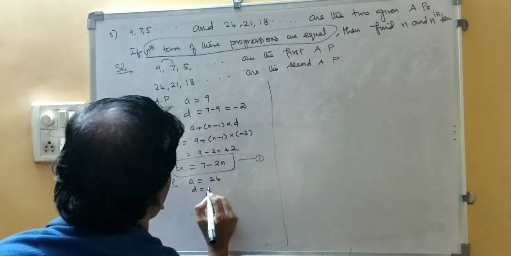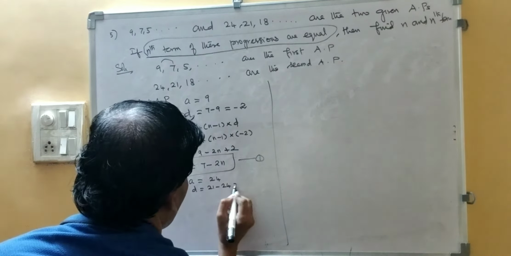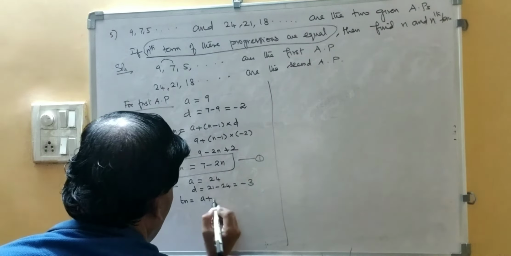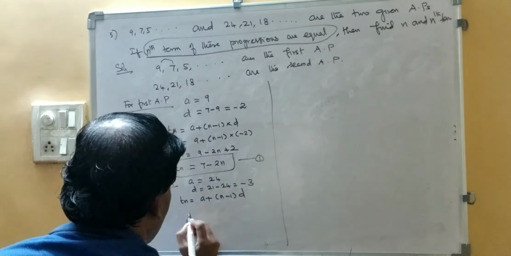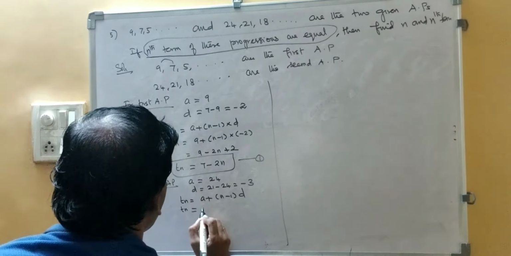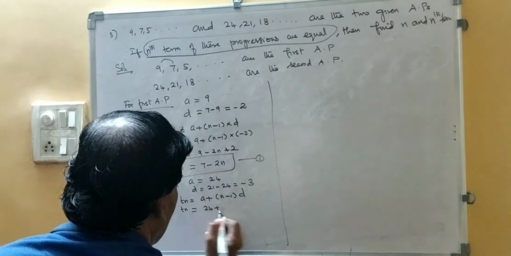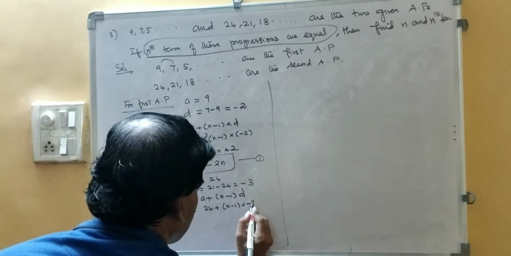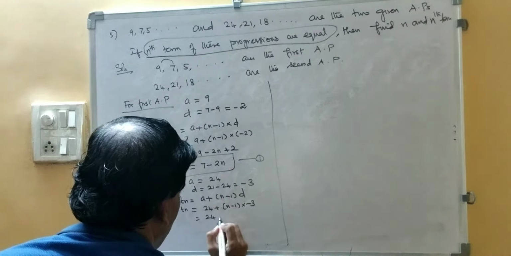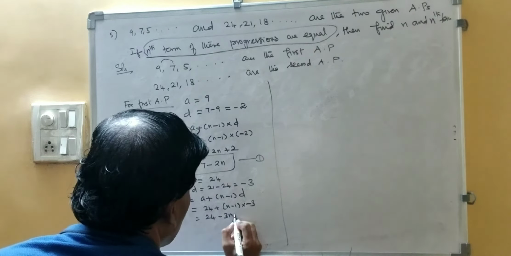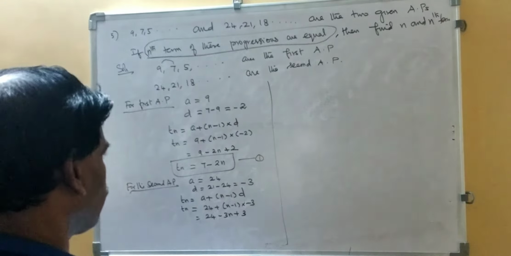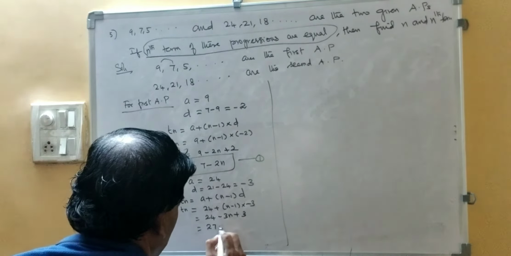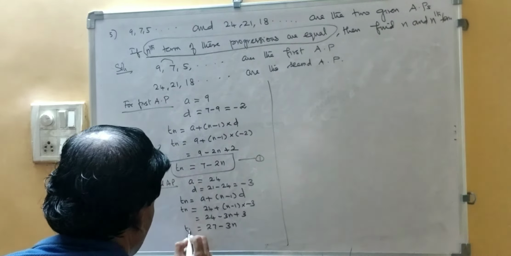What is D? 21 minus 24 equal to minus 3. So we have to find out the nth term, A plus n minus 1 into D. So Tn equal to 24 plus n minus 1 into minus 3. So 24 minus 3n plus 3. So is equal to 27 minus 3n is equal to Tn.